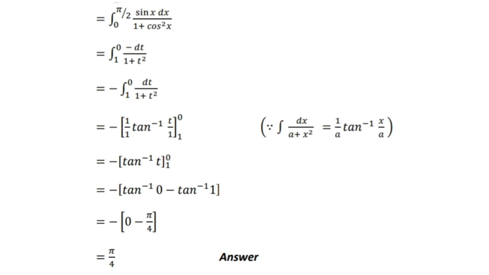So remember, the area given to you in green color is actually the integral from 1 to 0 or 0 to 1 of 1 upon 1 plus t square with respect to t. So I hope by now you are clear of what we are doing here while we are changing the limits.